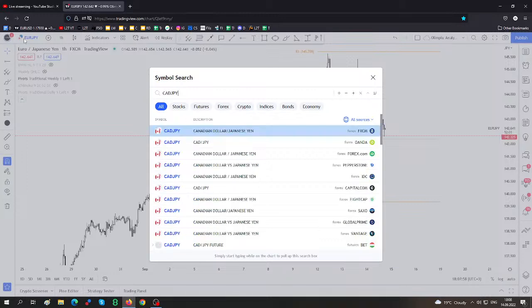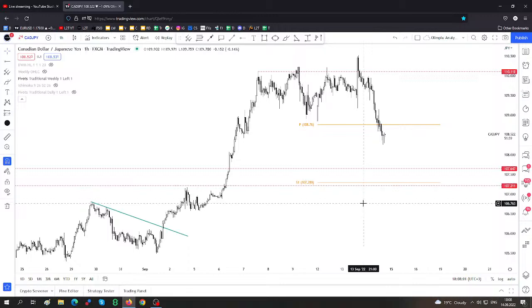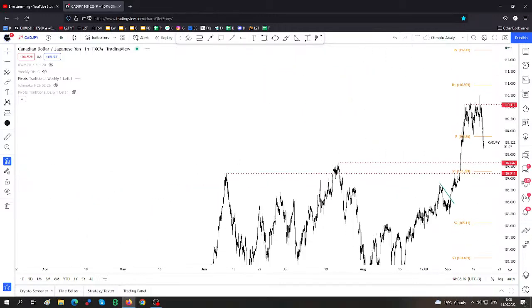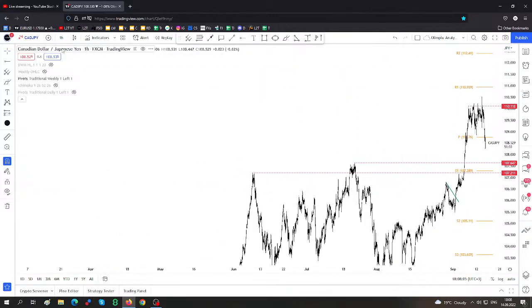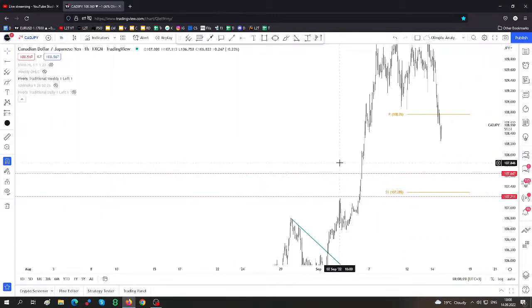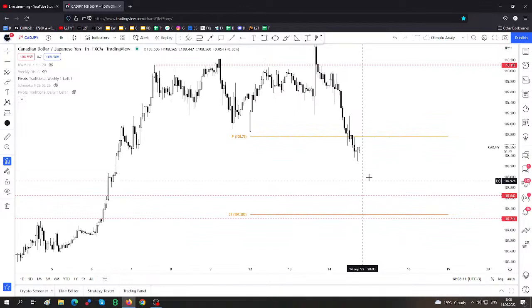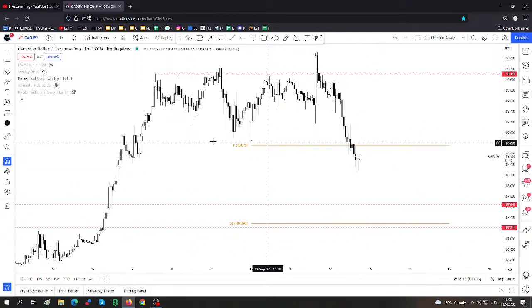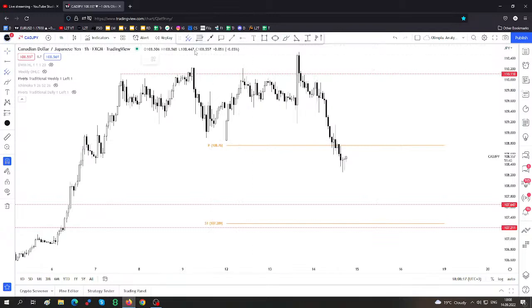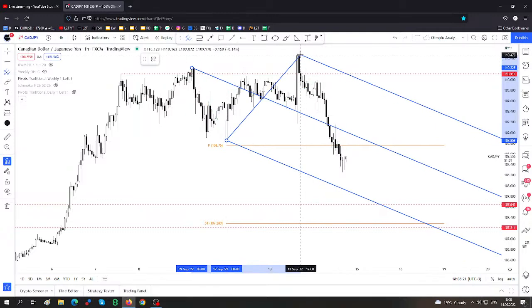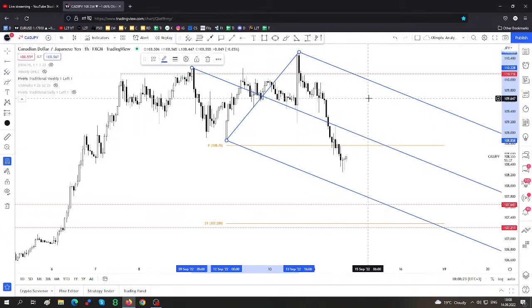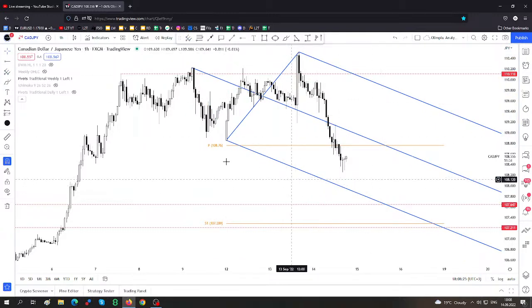Canadian dollar, Japanese yen. Yeah, maybe here, guys, on the Canadian dollar, Japanese yen, I will look for an intraday short-term Japanese yen long. Okay, Canadian dollar, Japanese yen short.